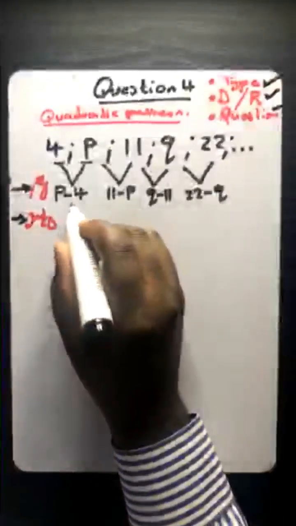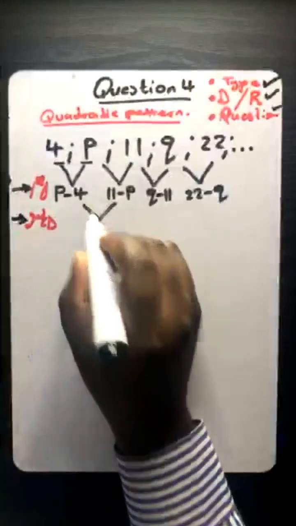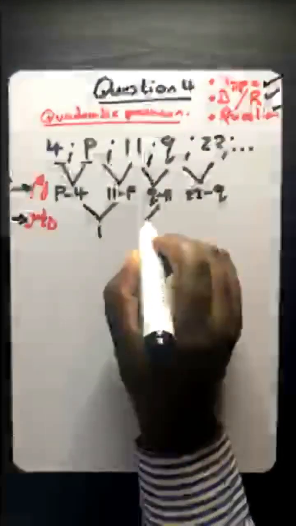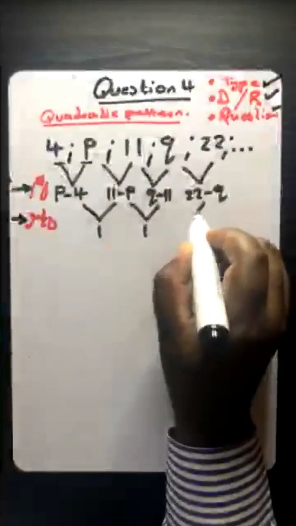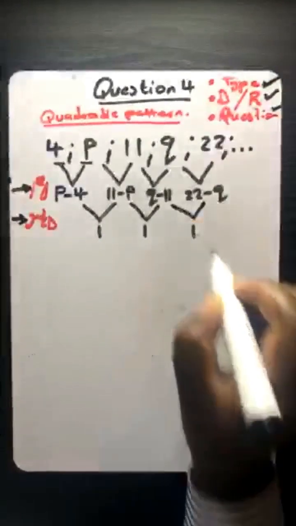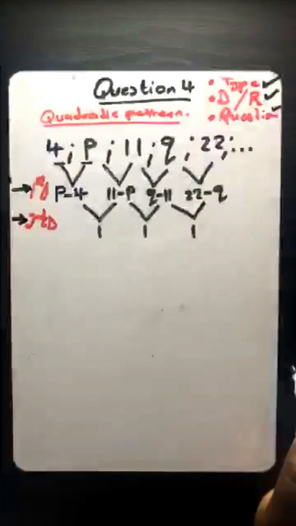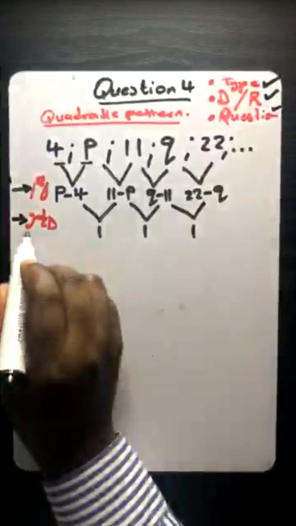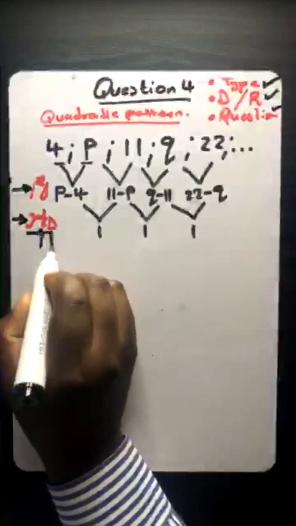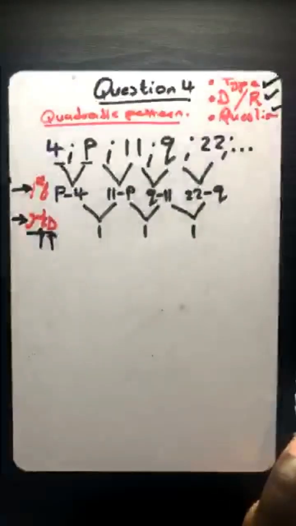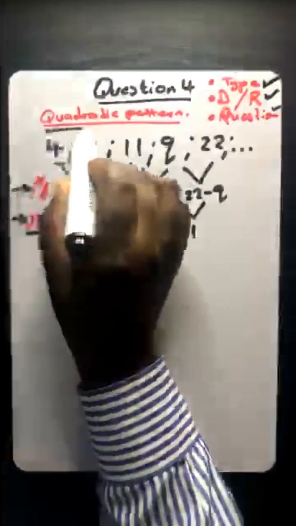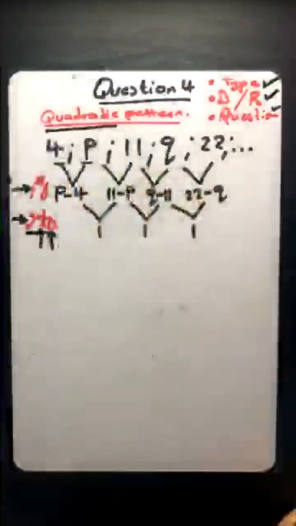So I don't need to stress that much by saying this minus that. I just know that they say that minus that is 1, that minus that is 1. How do I know it's 1 for everything? It's because the statement said it's a second common difference. And most importantly, in the statement, they did indicate that it is a quadratic pattern.